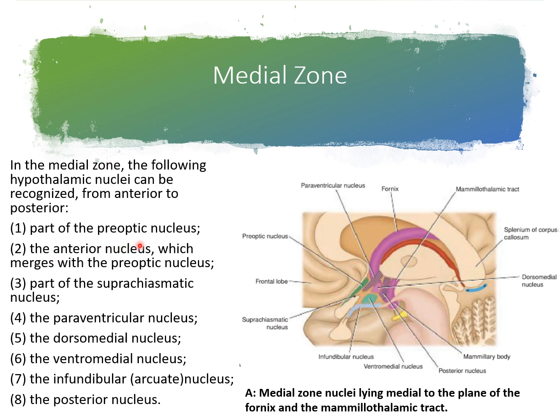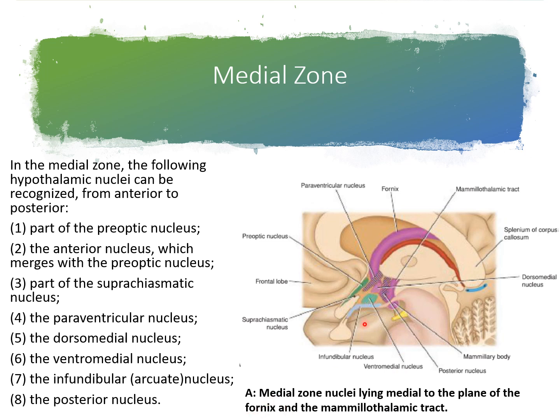Part of the preoptic nucleus and anterior nucleus, which merges with the preoptic nucleus, and part of the suprachiasmatic nucleus, then the paraventricular nucleus, then dorsomedial nucleus, then ventromedial nucleus, then infundibular nucleus, arcuate nucleus, then posterior nucleus.